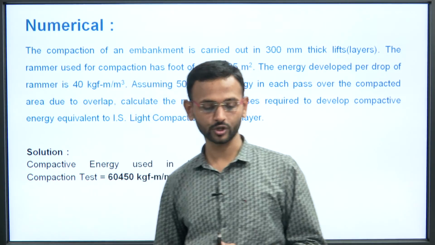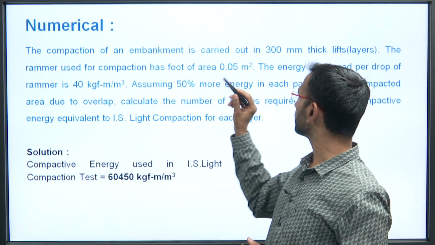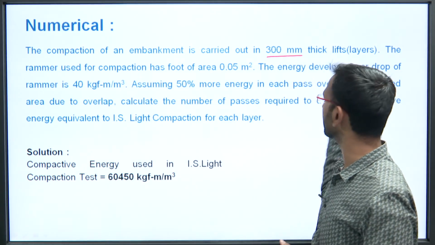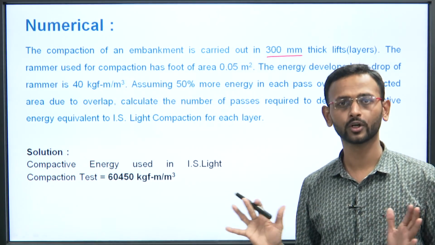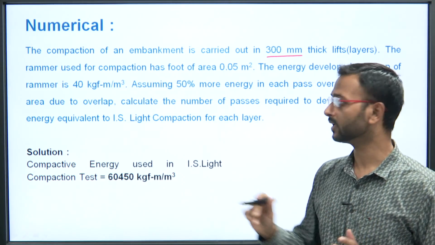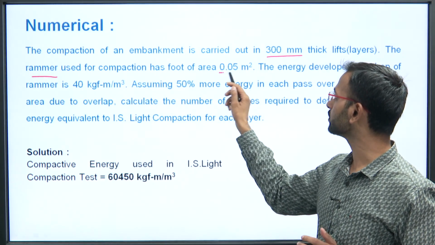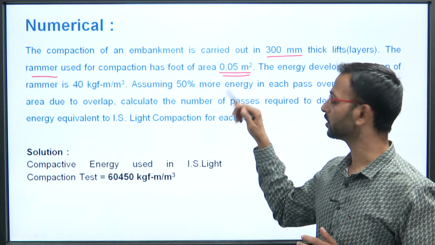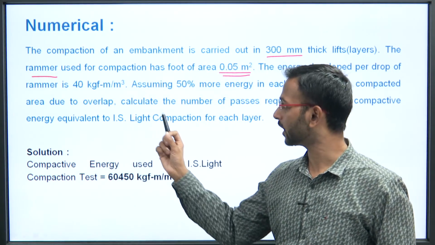Now moving on to the next question. The compaction of an embankment is carried out in 300 mm thick layers. The rammer used for compaction, so there is no smooth wheeled roller or vibrator, nothing is there, has a foot area of 0.05 meter square. The energy developed per drop of rammer is 40 kilogram force meter.